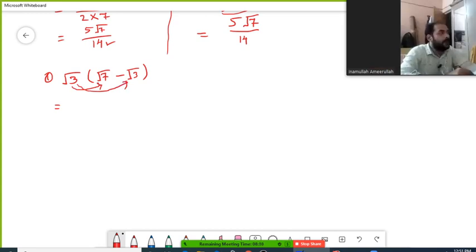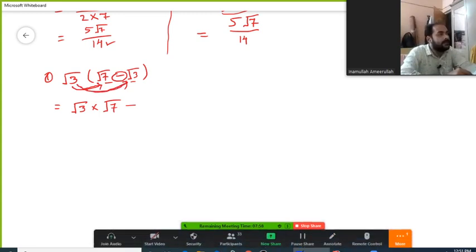So when you multiply this root 3 with this root 7, it can be written as root 3 into root 7. In between root 7 and root 3 we have a minus sign, so I'll take minus in between them and then I'll multiply this root 3 with root 3.